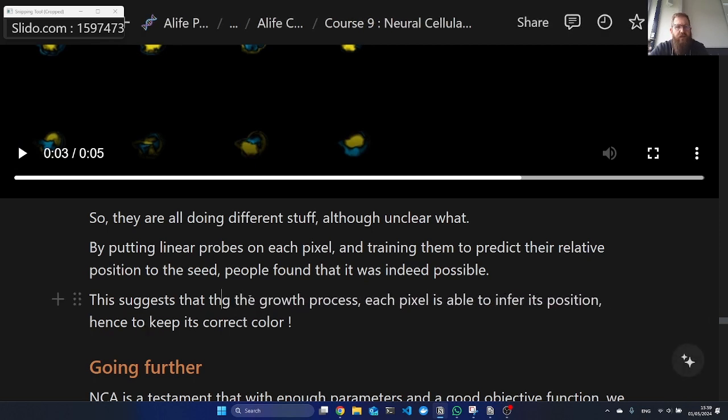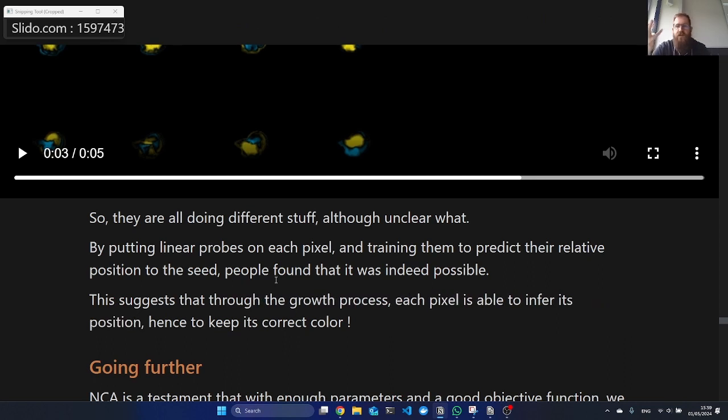And related to that, I don't remember if somebody told me about this, or it was in a paper, but people tried to see if each pixel knew its own position, despite being able only to look at its surroundings.